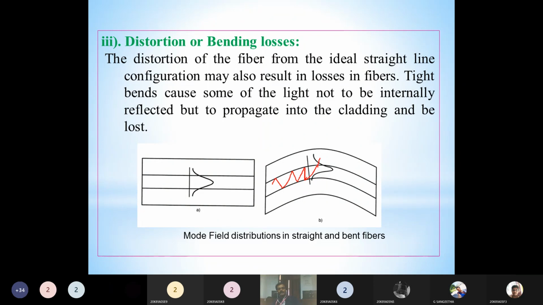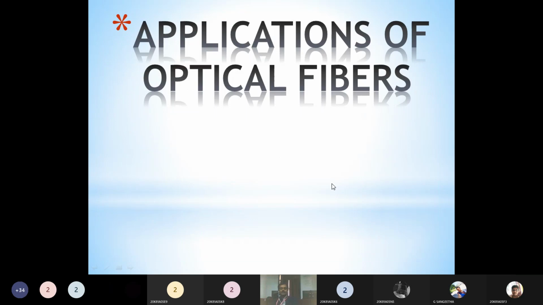The light enters into the cladding medium and will not come back into the core again. So there is a loss of light. Some portion of the light may be lost due to the bending. These losses we call distortion losses.